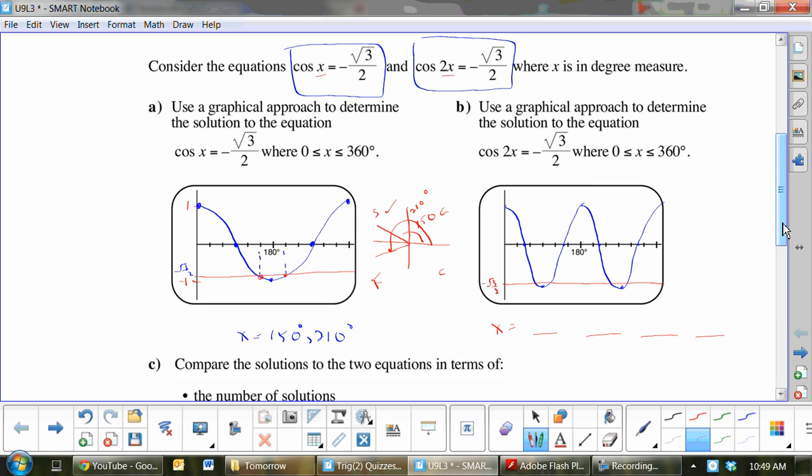Well, we've got to stay in degrees. What do you think the other one is? No. Start looking at the 2 graphs. Start looking at the answers. Start seeing if you can come up with some sort of pattern.